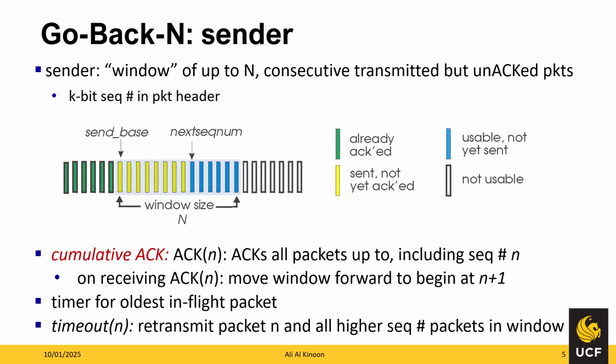And we said the acknowledgements are cumulative. That means all packets up to sequence number n have been received. Then when the sender gets an acknowledgement, it slides the window forward to n+1. The sender runs a timer for the oldest unacknowledged packet, and the timer is helping us with various things.